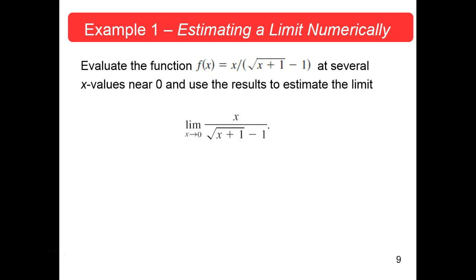So here's your example 1. Evaluate the function f of x equals x divided by the square root of x plus 1 minus 1 at several values near 0, and use the results to estimate the limit. Now, why do you reckon they said near 0? What happens if x is equal to 0?